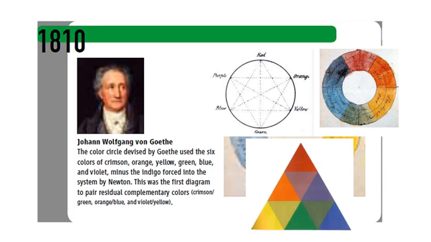In his model, primary colors red, yellow, and blue were the points of the triangle, and the secondary colors orange, green, and violet were on the inside edge of the triangle. For Goethe, tertiary colors are mixtures of the 3 colors surrounding them. They are nameless, non-specific colors, a mixture of red, violet, and orange, for example.